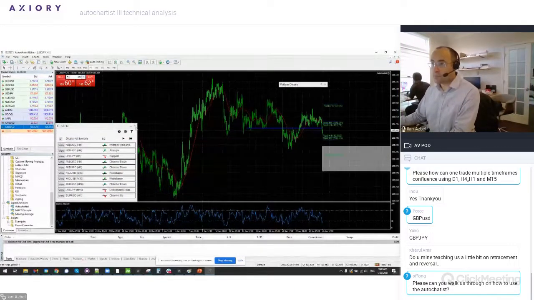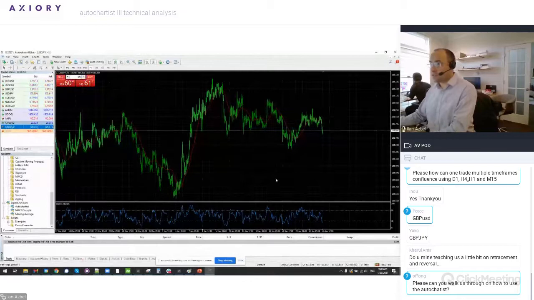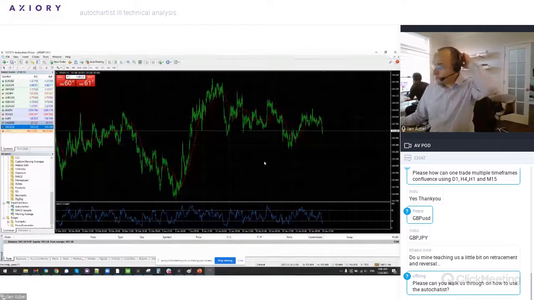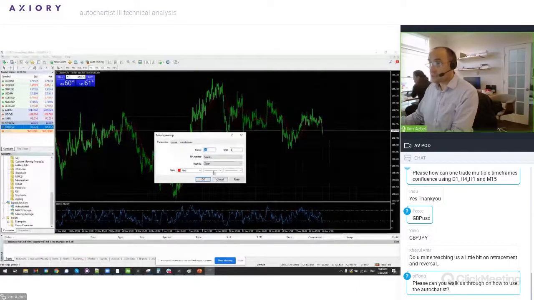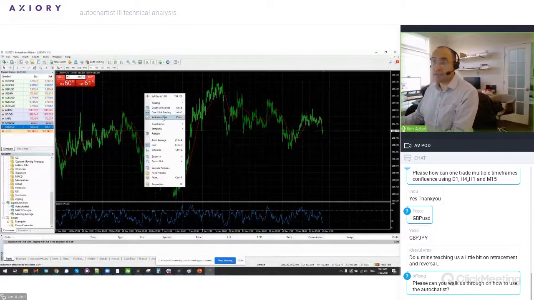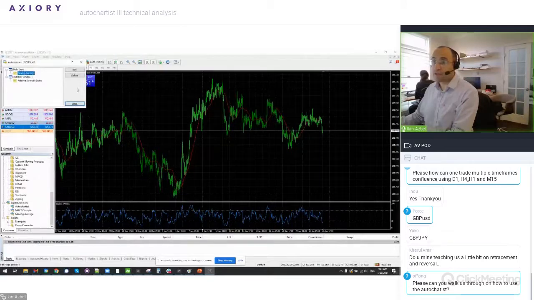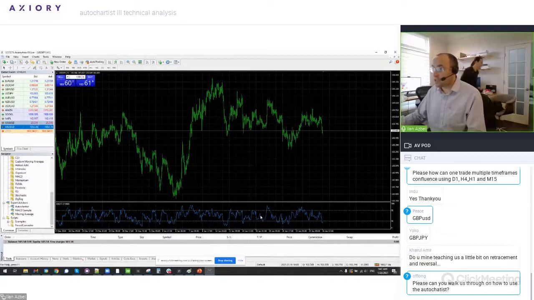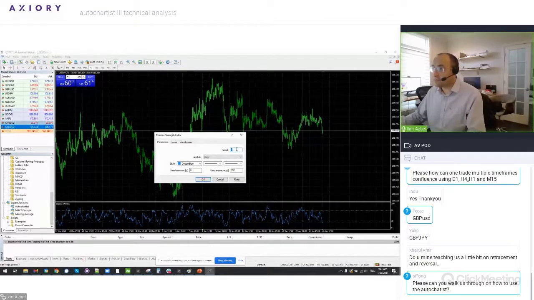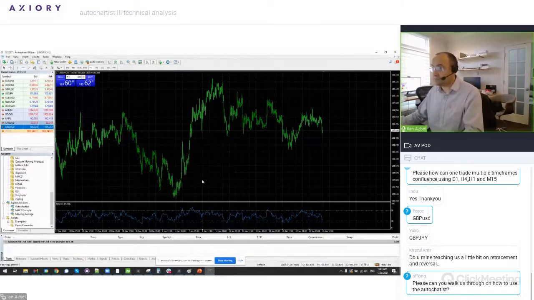Let me close down Autochartist for just a moment. I'm going to remove the moving average indicator so we can focus on retracement and reversal. So if I look at this graph on the yen, I'm going to try to pick an RSI that gives me the right signals.